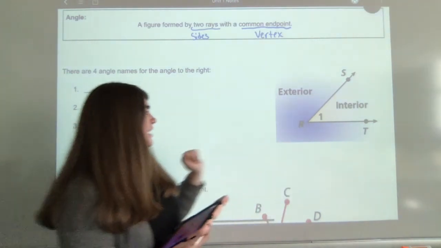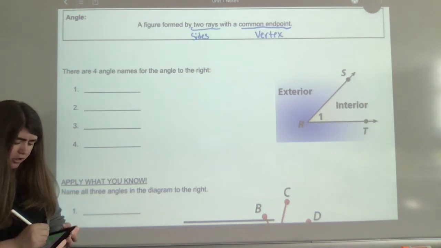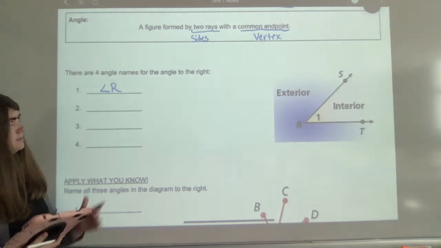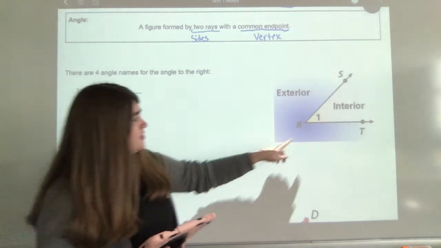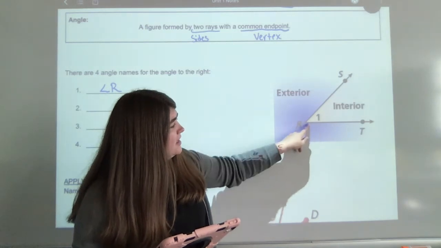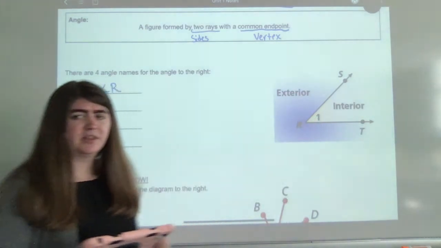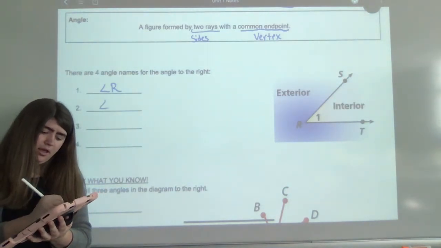So I would just take that endpoint, and in number 1, I'm going to draw an angle marking, and I have angle R. So this angle is angle R. The second way is using the number that is inside of the angle. So this number 1 tells me that I have, for option number 2, angle 1.